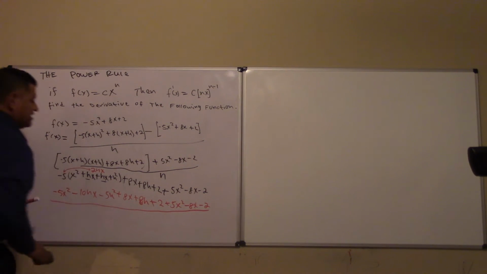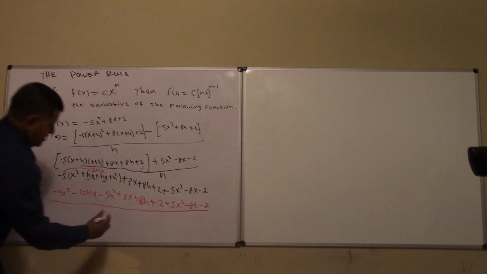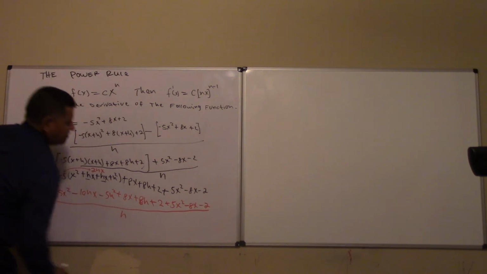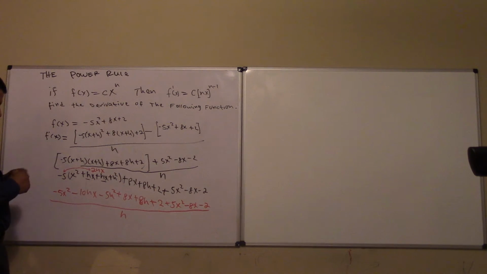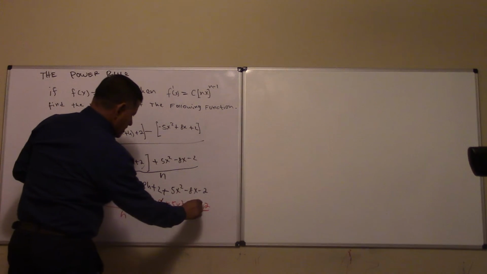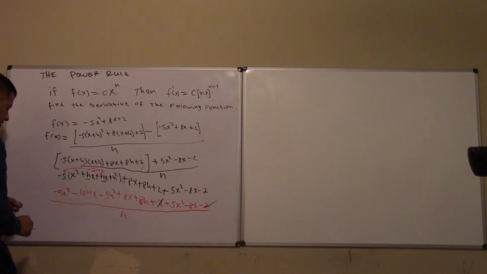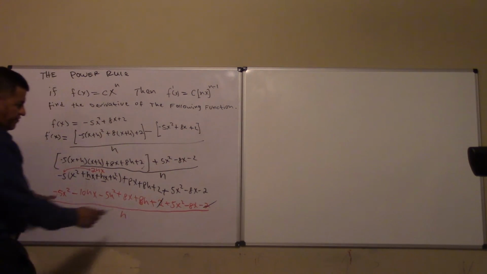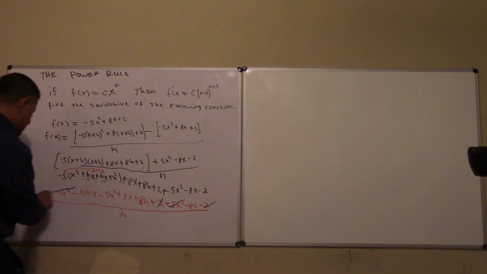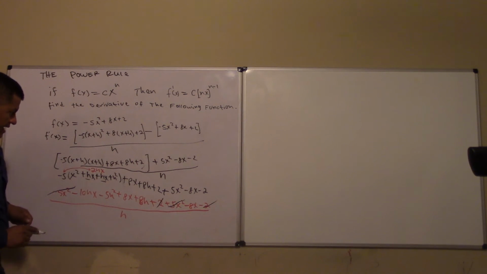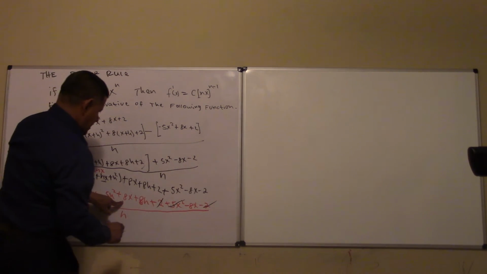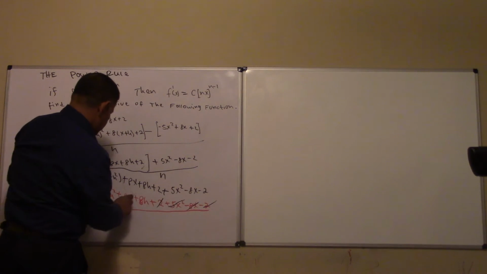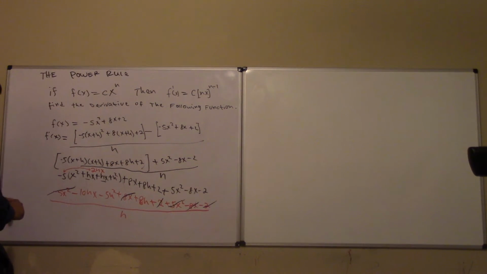I should cancel things out before I got to this point, but we can still do it. So we can cancel this, right? This 2 and this 2 is gone. 5x squared plus 5x squared is gone. And plus 8x and negative 8x is gone, right? Now, what am I left with?